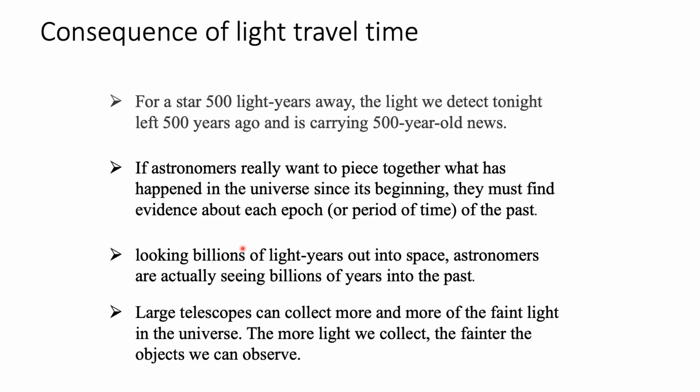Right. Now, when we do observations in astronomy, we have to consider the consequence of light travel time. So when you say something like 500 light years away, what that means is that if you are looking at an object or a star that is 500 light years away, you are getting a signal that is 500 years old, right?